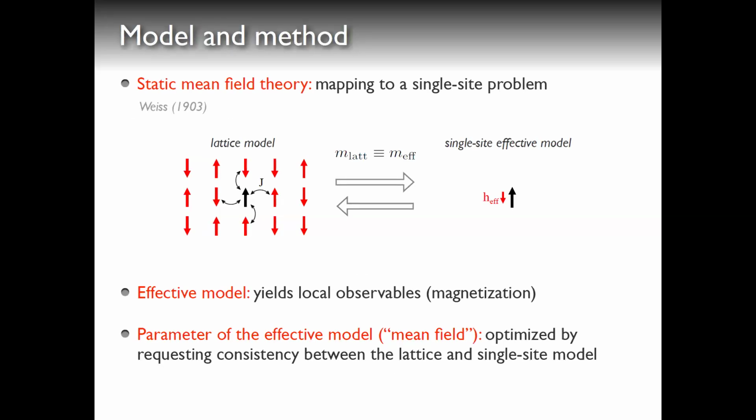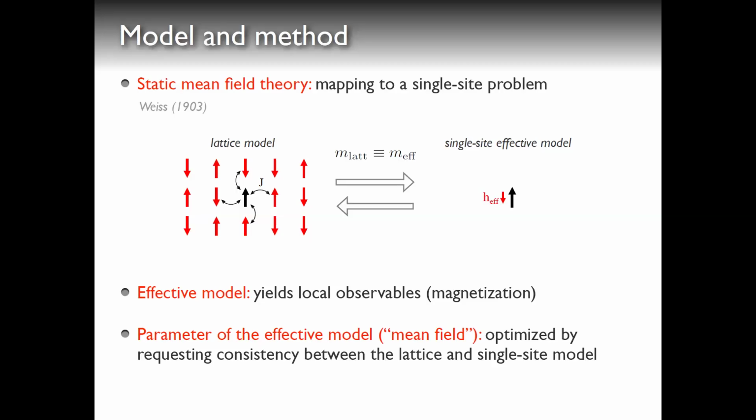So let us start with something that everybody knows. That's the static mean field theory for the Ising model. So we have a lattice of interacting Ising spins, and in mean field theory we map it to a single-site effective model, which describes a single spin in an external magnetic field.